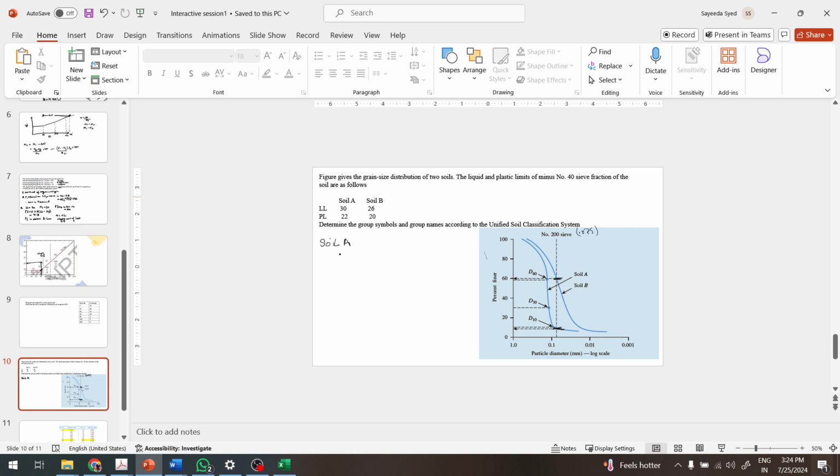So this is coarse grained soil. First thing is percentage finer than 75 micron is less than 50%.